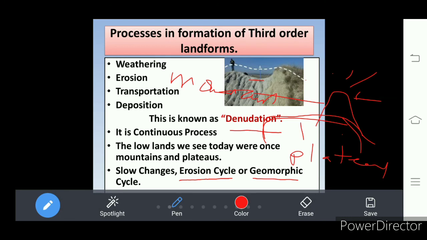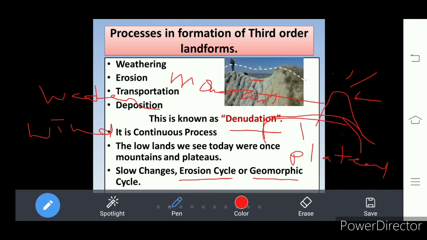And how did it happen? By the denudation process, or what you call geomorphic cycle. By the geomorphic cycle, the mountain converted into the plateau. So we find here denudation process. In the denudation process, two are important things. One is water, another is wind. Water and wind are called natural agents.